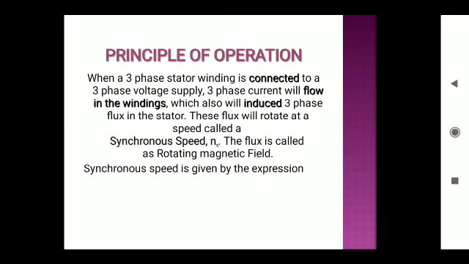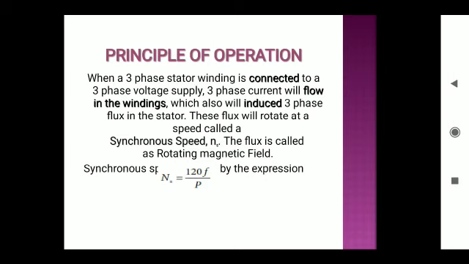This flux will rotate at a speed called the synchronous speed, denoted by small ns, and this small ns is known as the synchronous speed in RPS, and the flux is called the rotating magnetic field.